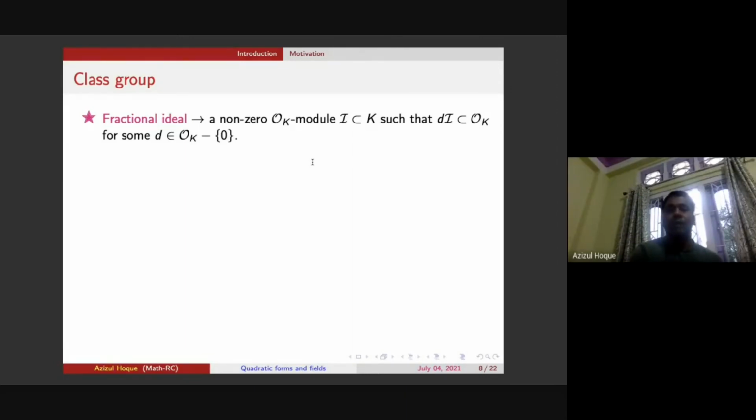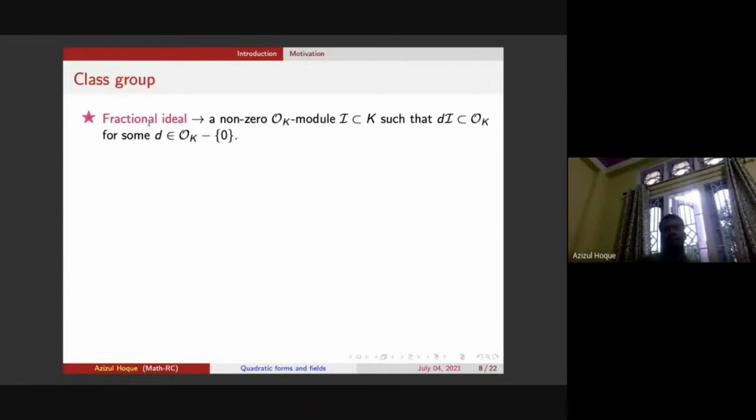Okay, so half integers are a fractional ideal of Z. So similarly, you can give plenty of examples of fractional ideals. And here we have a nice structure. What is that? These fractional ideals give a group structure.